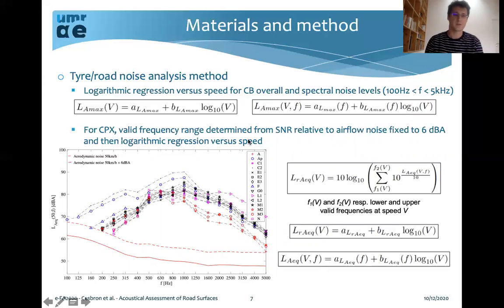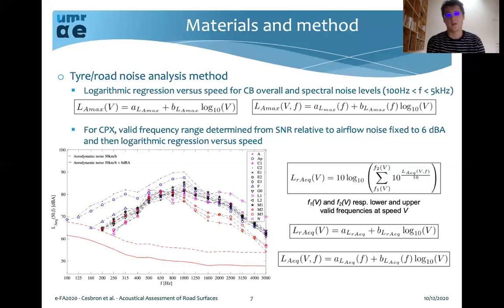For CPX, it was a little bit more complicated. We have to take care of the airflow noise, and the valid frequency range was determined from the signal to noise ratio relative to airflow noise, which was fixed to 6 dBA.